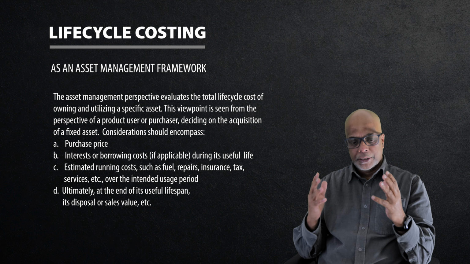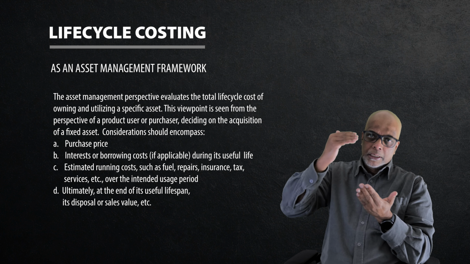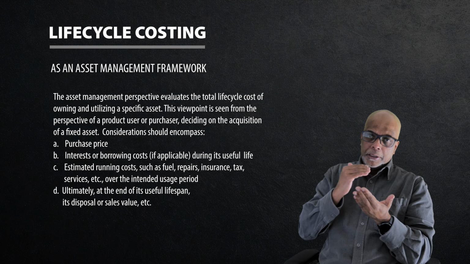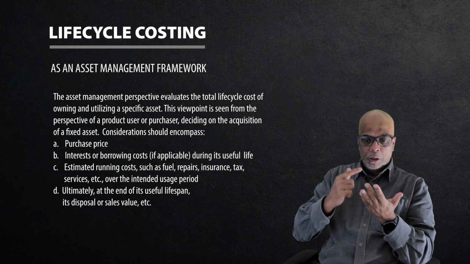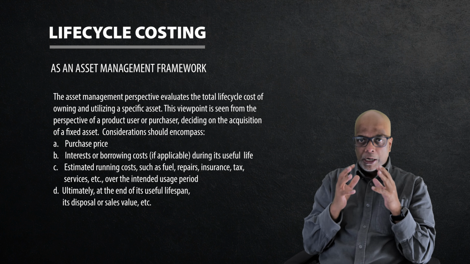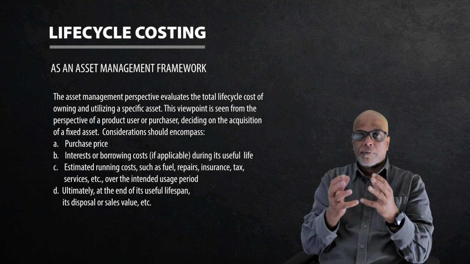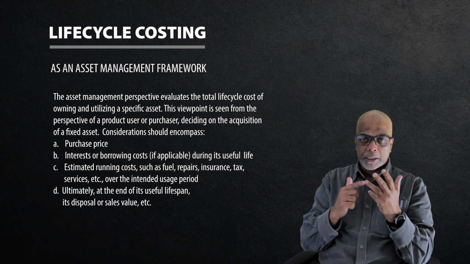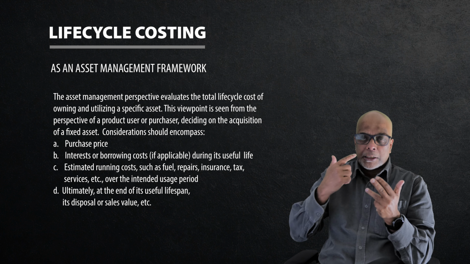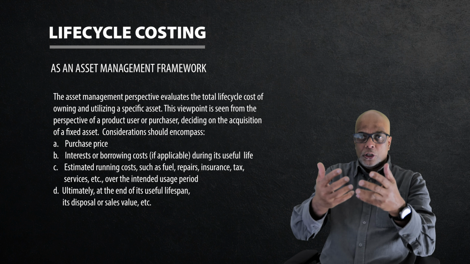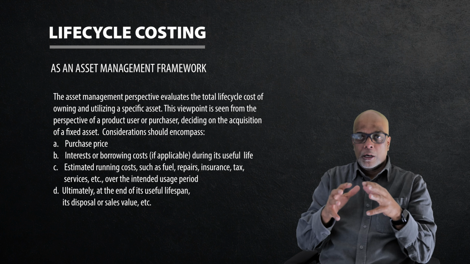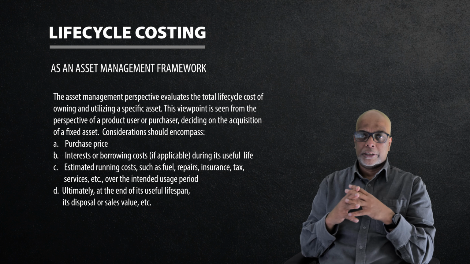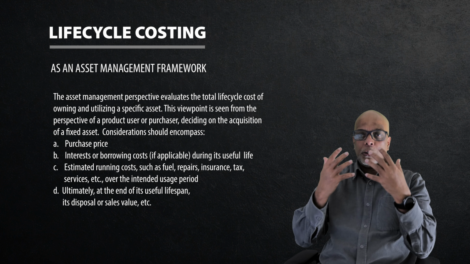So that means when we are making a purchasing decision, we have to first estimate what will be the total cost of acquisition. That includes the purchasing price and any other expenditure that we have to incur to bring the product to a level of use, to bring it to a condition of usage.